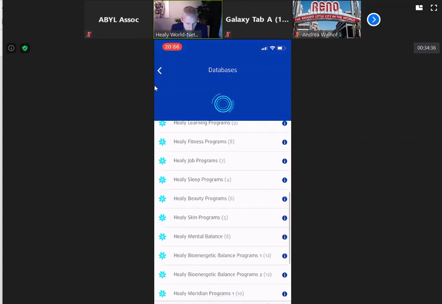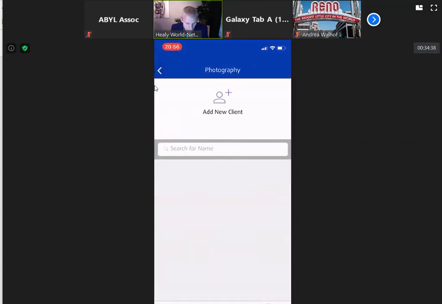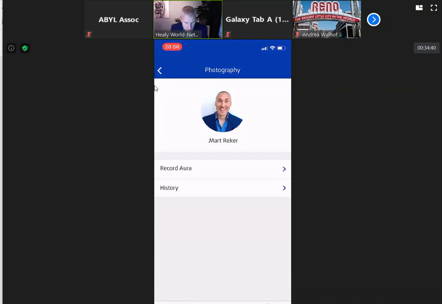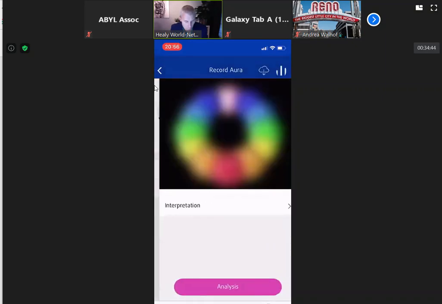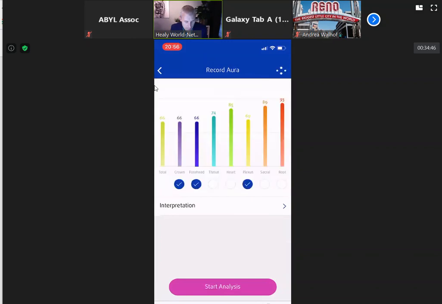So you can do these things. You can also create an aura analysis, and then you can record your aura. So it shows you where it is out of balance. So it says like my crown chakra, my forehead, and my plexus is somehow out of balance.